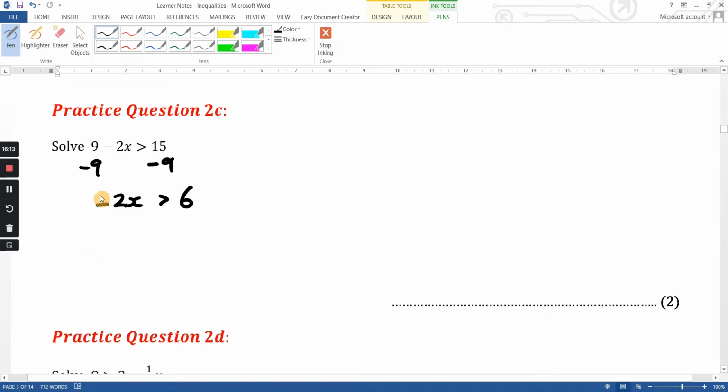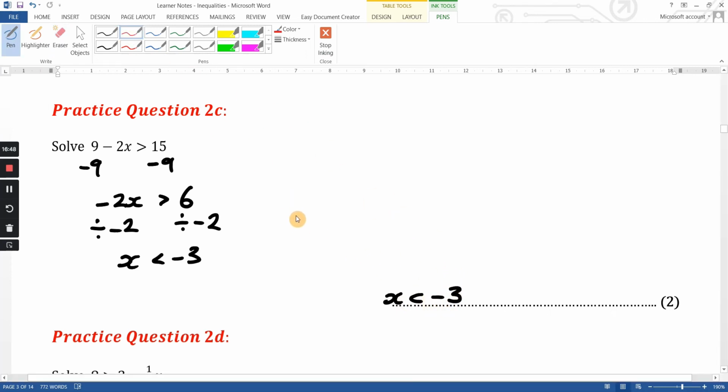And now I'm going to have to divide by minus 2 to both sides. So I'll get positive x. Now I'm going to have to flip the sign, and I'm going to get minus 3 here. So my answer should be x is less than minus 3.